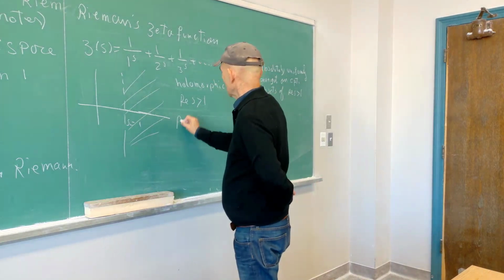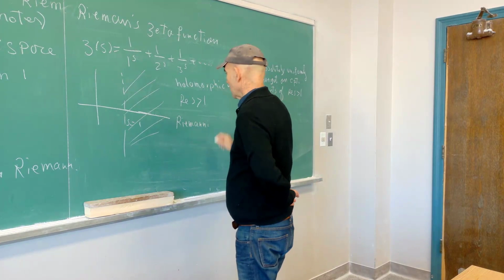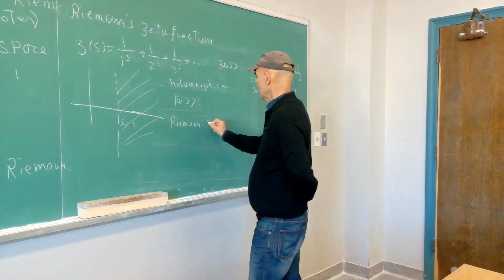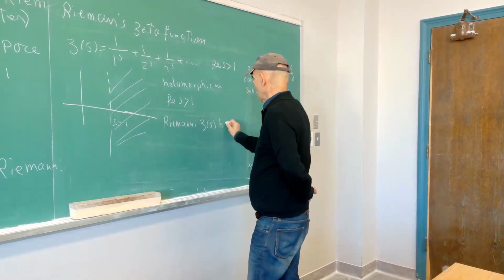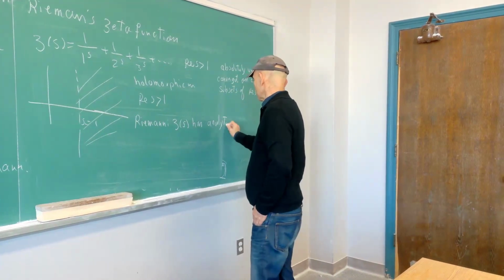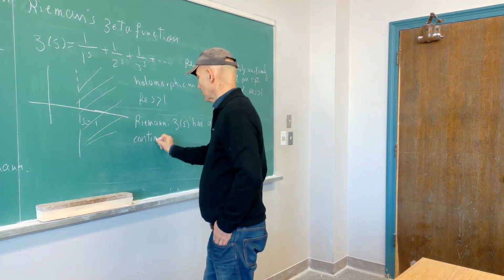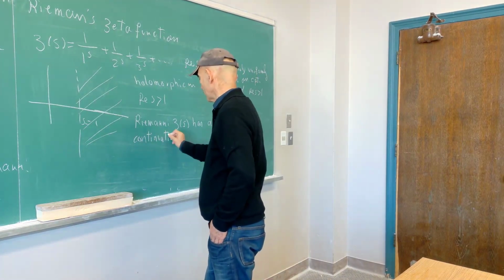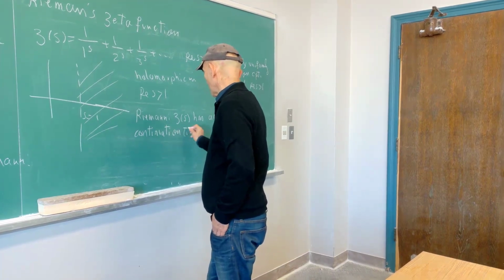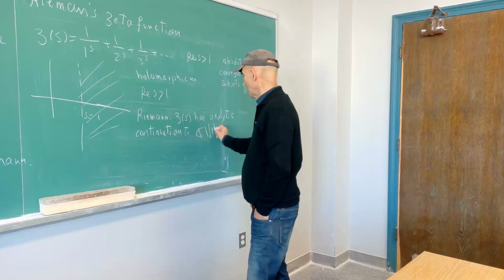Okay, so Riemann showed that zeta of s has an analytic continuation to C take away 1.